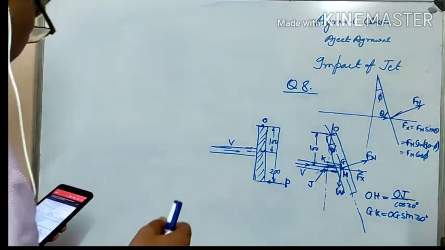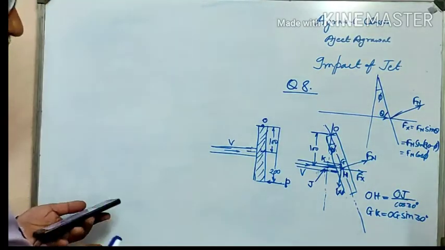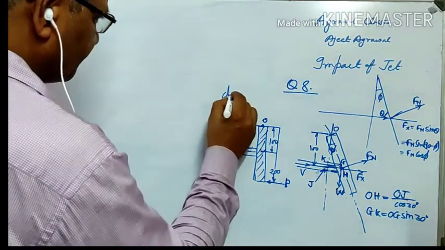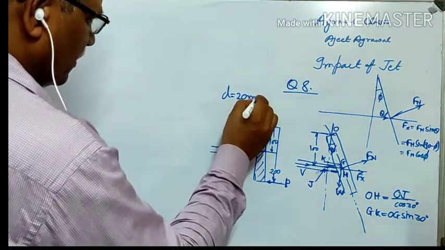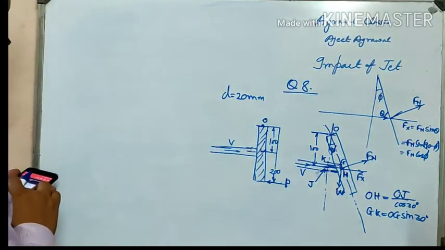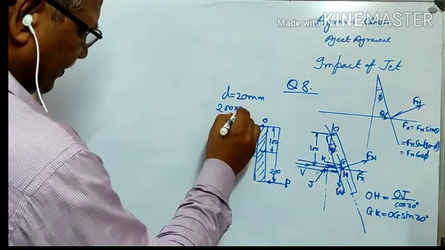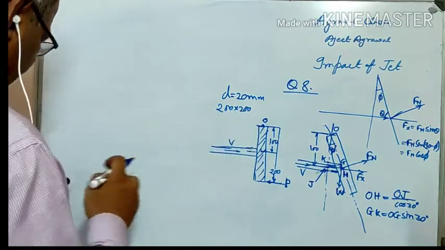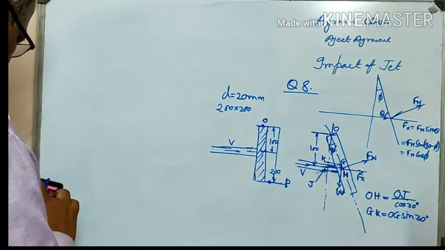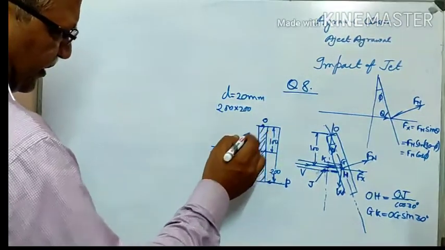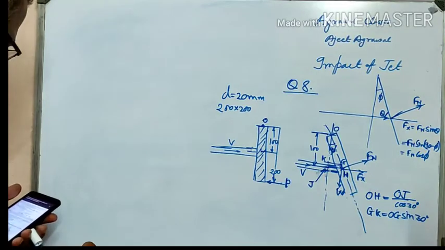In question number 8, it is given that the diameter of the jet is 20 millimeter and it is striking a 200 mm by 200 mm plate at the center, which is kept vertically and is hinged at the top end.